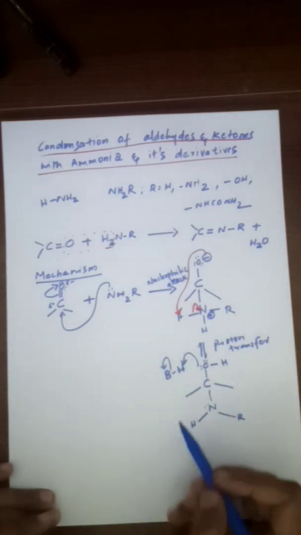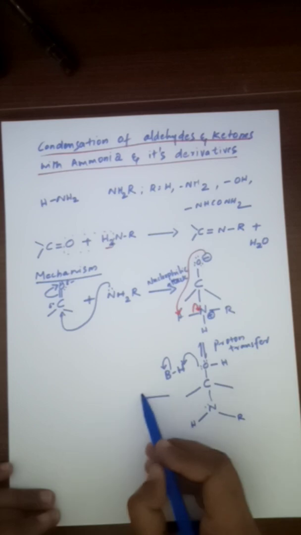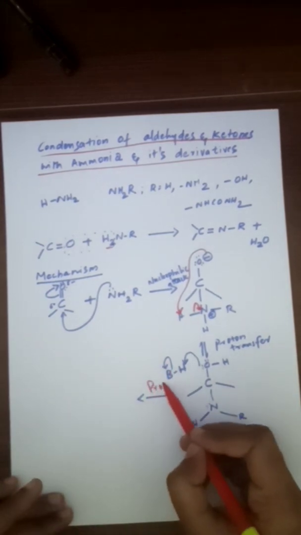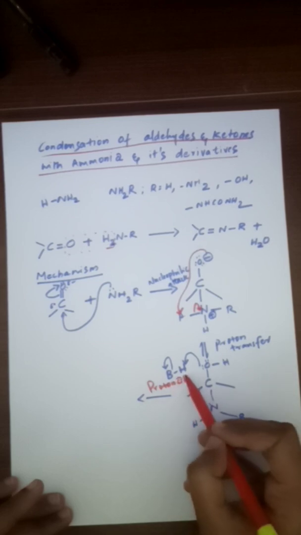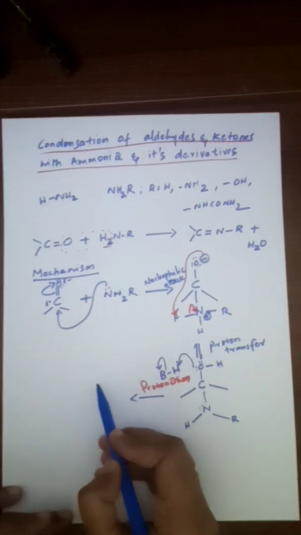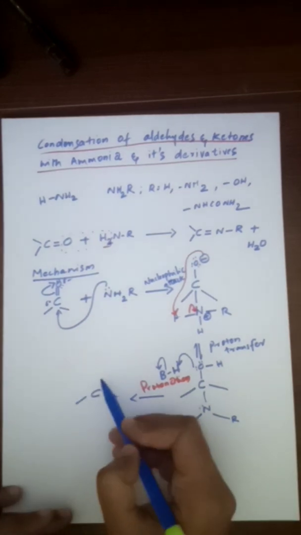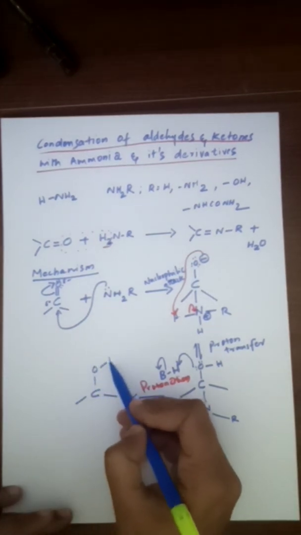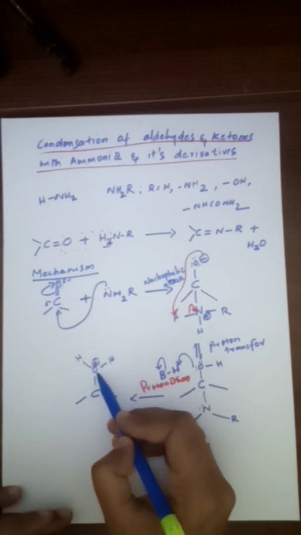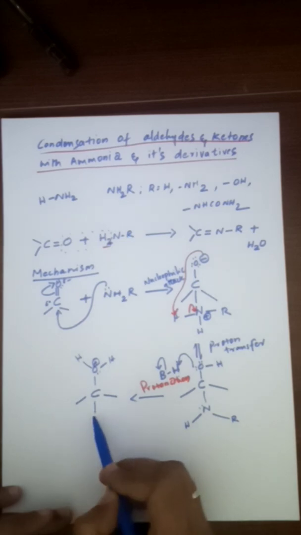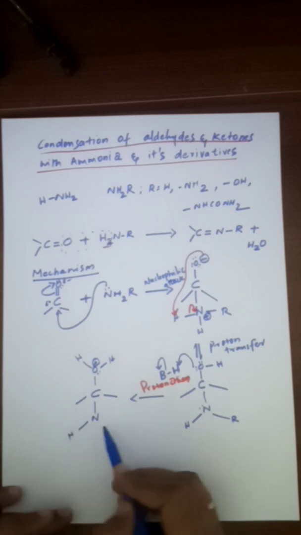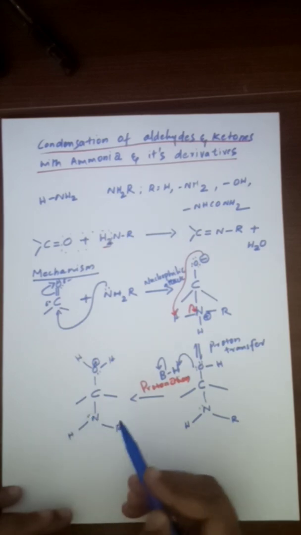What will be the product? Here again protonation takes place. When protonation takes place, it is carbon, and now it is OH with a positive charge on oxygen, only one pair of electrons, and NHR.